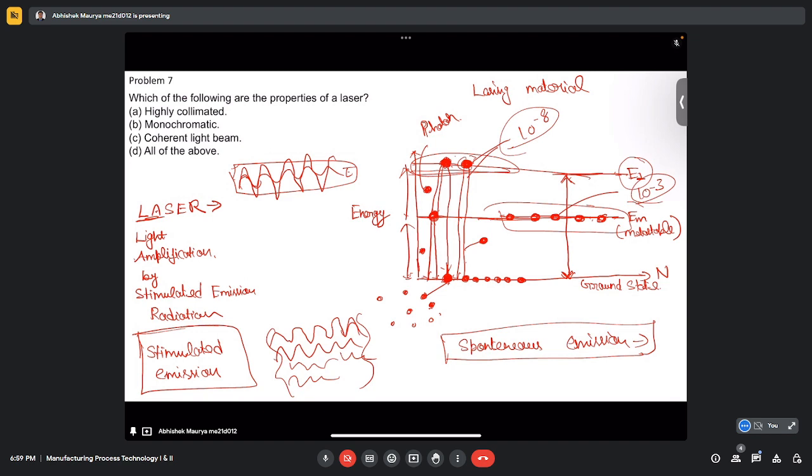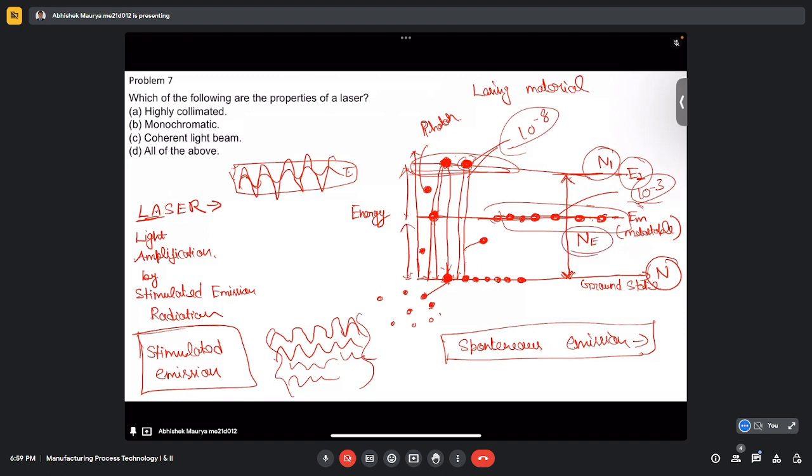So if they can stay longer, then there is a possibility that we can gather more electrons here. Earlier I told that the number of electrons in the ground state was n, and in the excited state it was n1, and suppose the number of electrons in the metastable state we call ne.